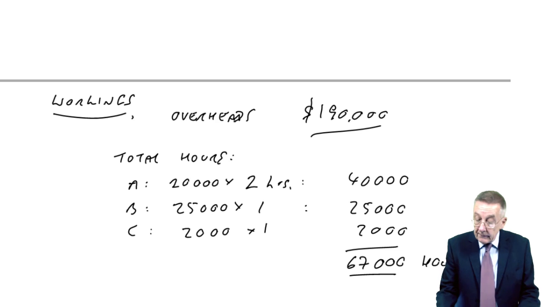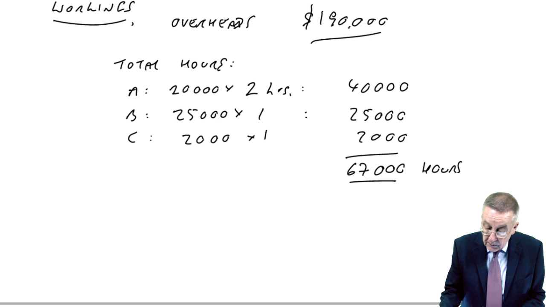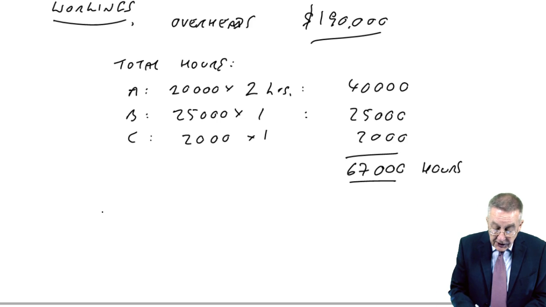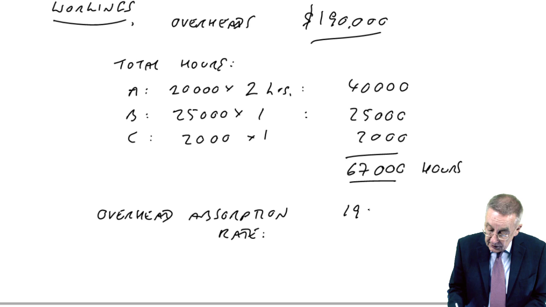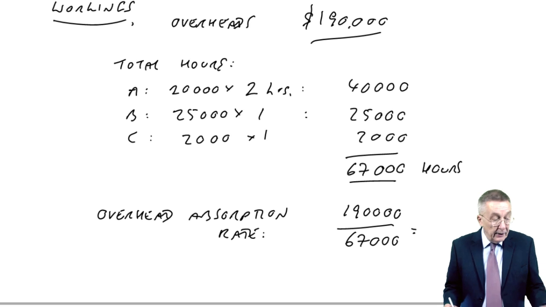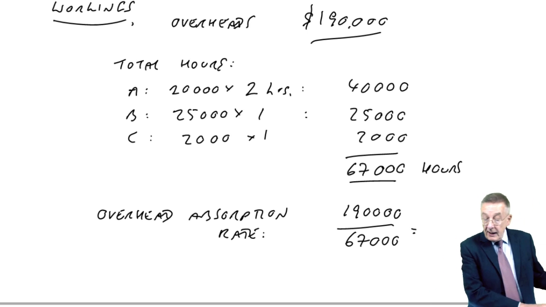And so now we say, well, what's the cost per hour? So the cost per hour, or the overhead absorption rate, is $190,000, the total overheads, divided by 67,000, the total hours.